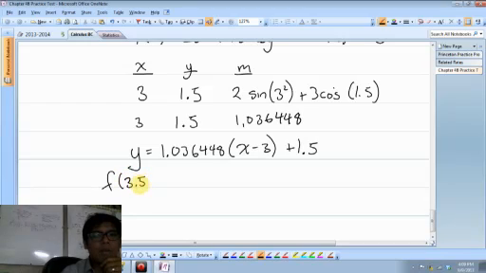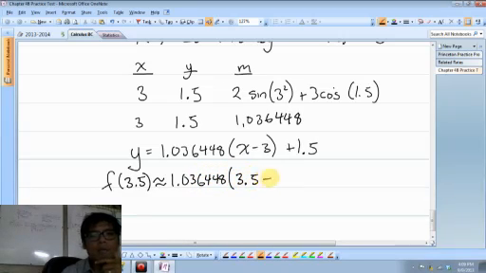F of 3.5 can be approximated with 1.036448 times 3.5 minus 3 plus 1.5.